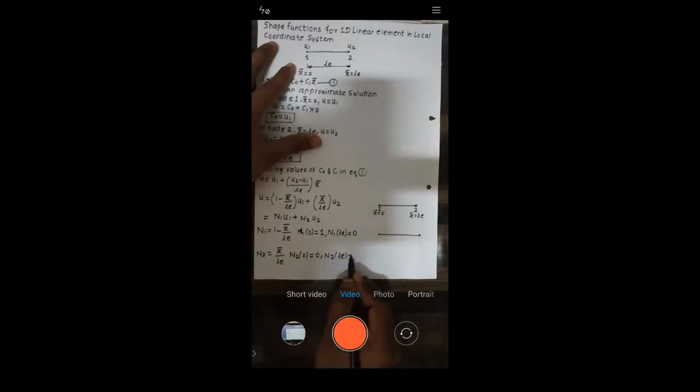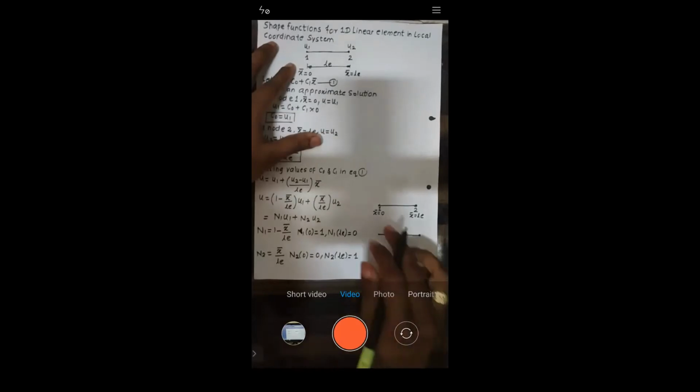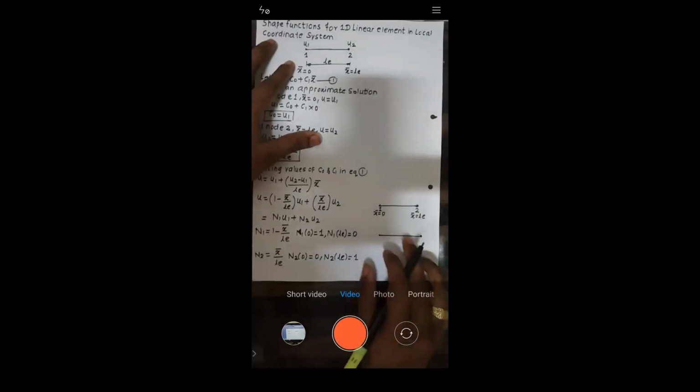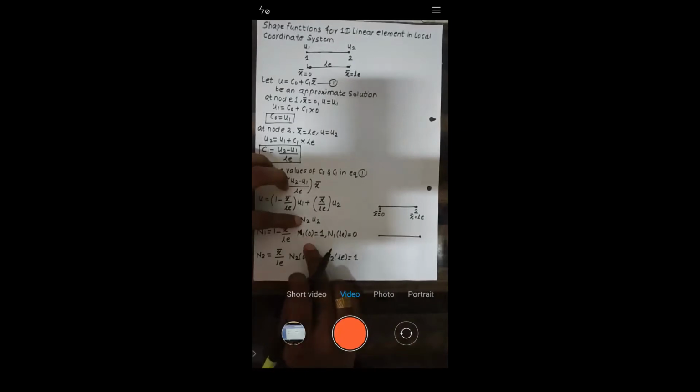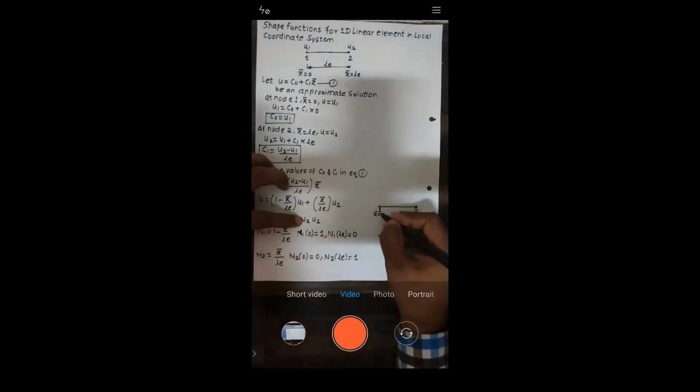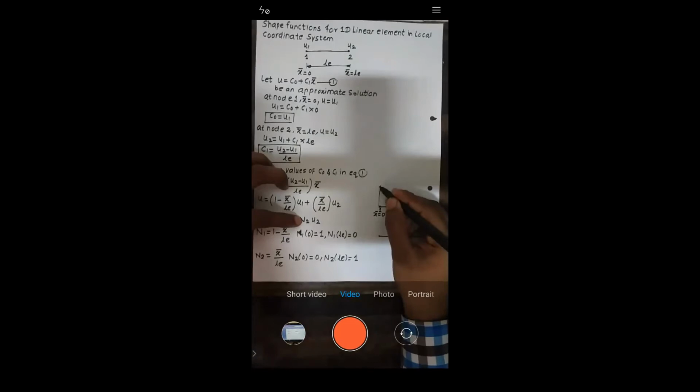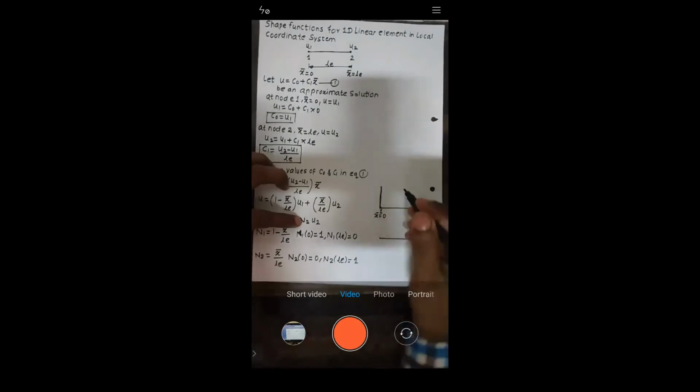Okay. Now see here. Come back to here. When x bar is equal to 0, try to understand. What is the value of N1? 1. Say yes or no? So at x bar is equal to 0, N1 is equal to 1.